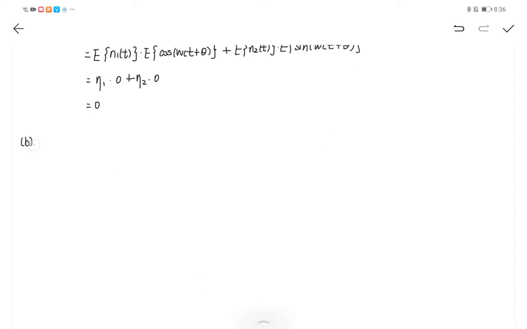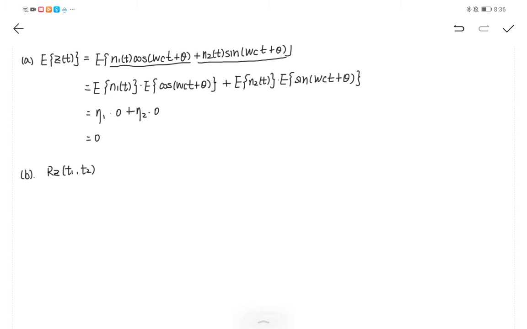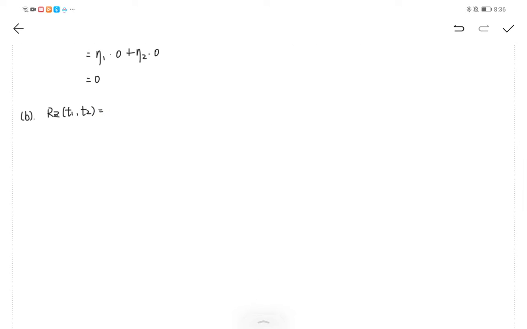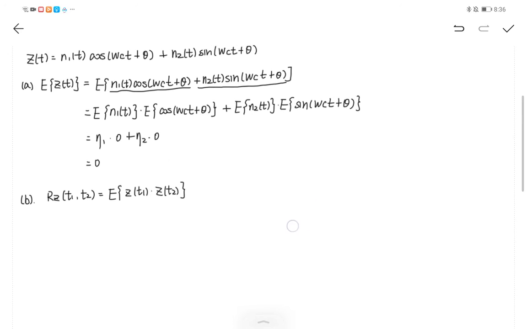And for question B, we must calculate R_Z(t1, t2). It equals the expectation of Z(t1) multiplied by Z(t2).